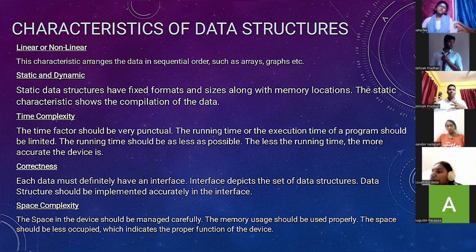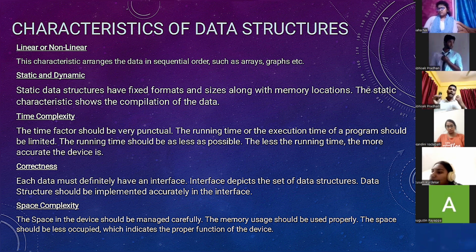We'll be talking about all these data structures in the coming classes. In a tree, the data is not organized in a fixed format or sequentially. One data is here, another is in some other corner. That is how linear and non-linear work.